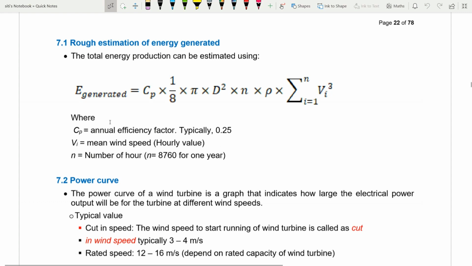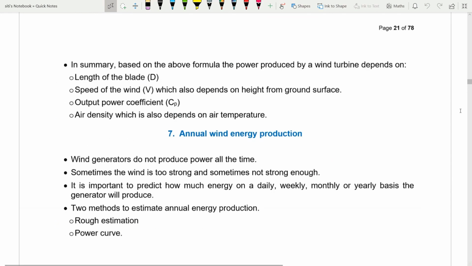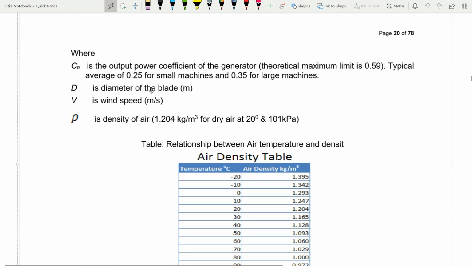And Cp is the annual efficiency factor, typically 0.25. So remember, 0.25 is for the small machine.